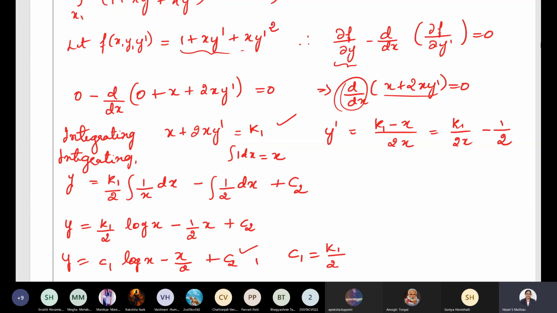If you have any doubt, you can ask me. No? Okay, learn this Euler's equation, everyone.